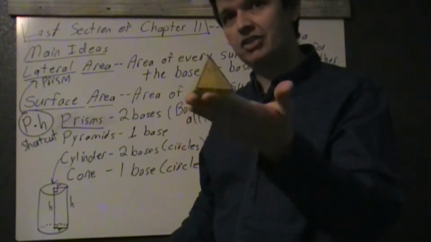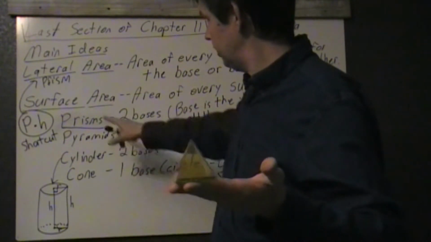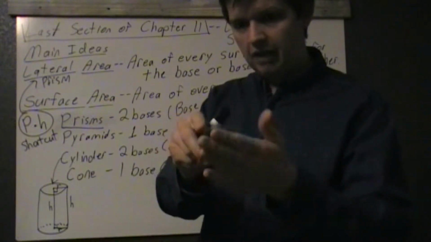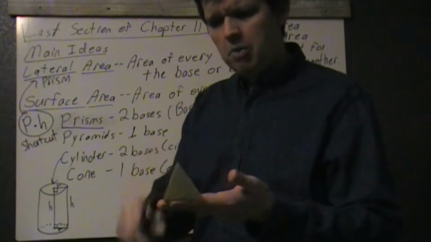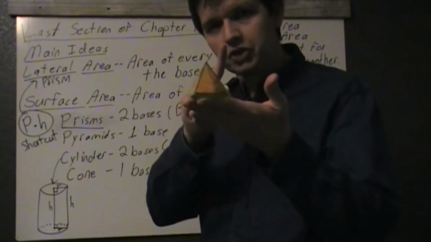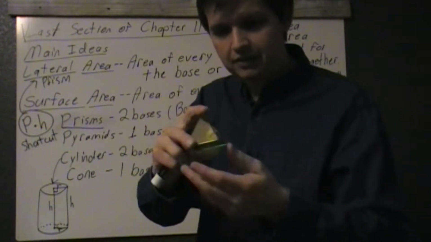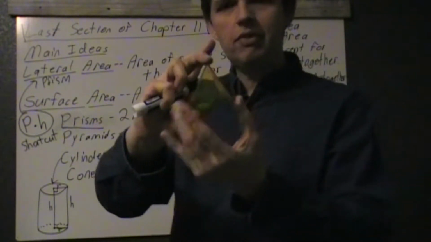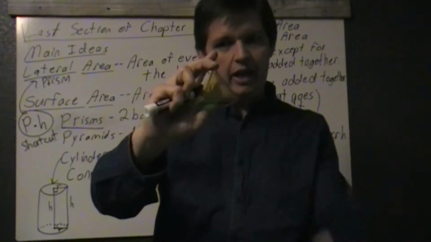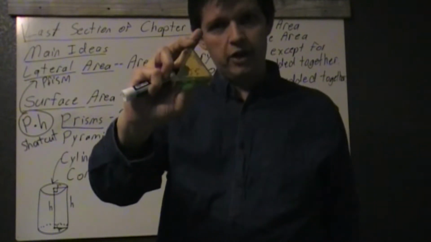Now if I want to find the surface area of this, I find the area of that base, length times width. But now I need to find the area of the triangles right here on the lateral faces. They may give you the height and the width of the square.